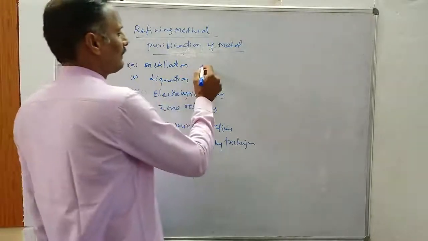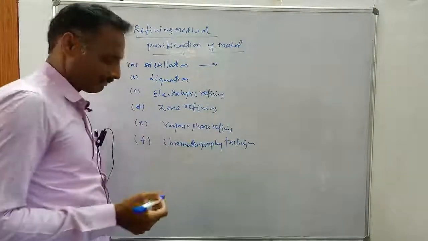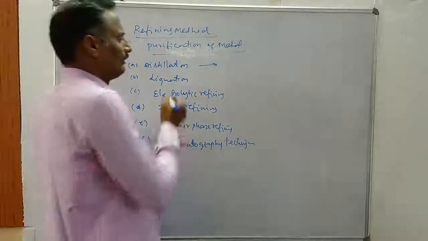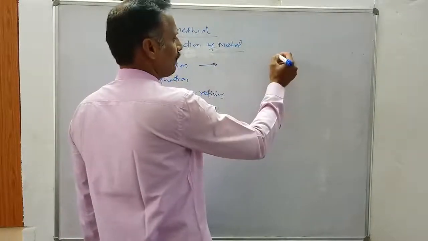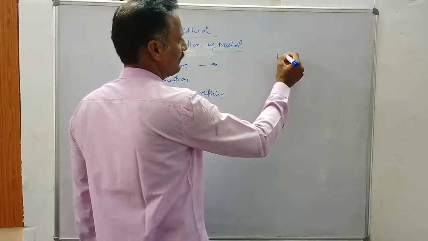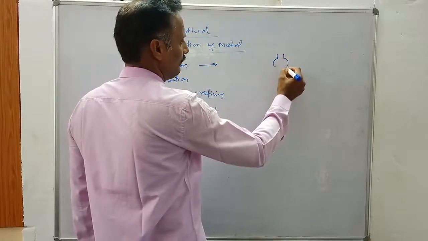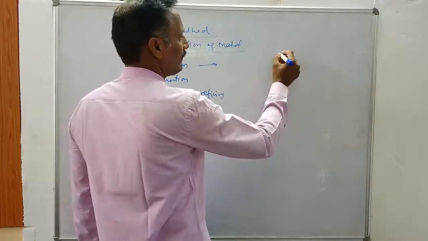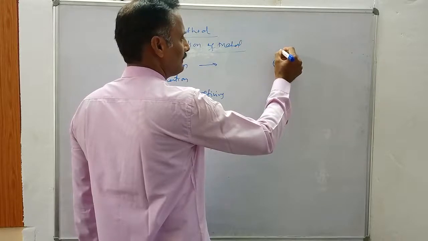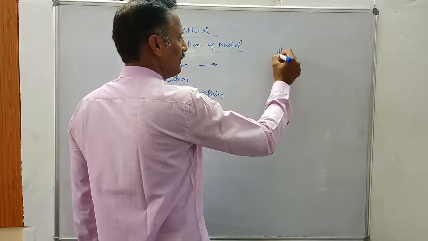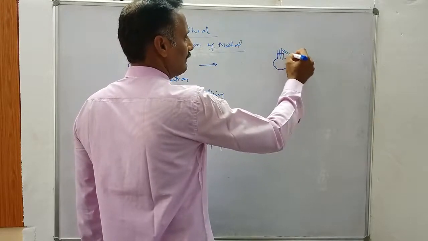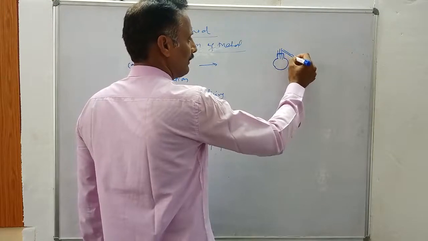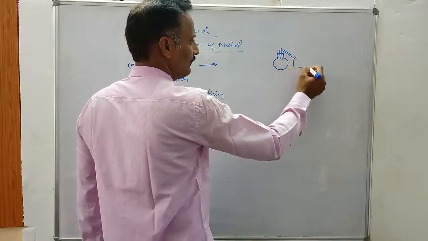What about distillation? You know very well about distillation from first PUC. In the distillation process, we have a round bottom flask, a condenser, and a thermometer. The condenser collects the vapors.